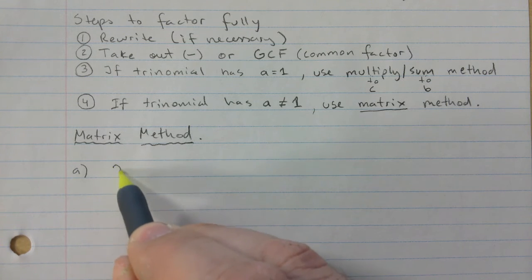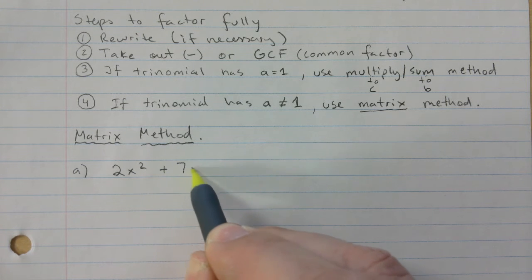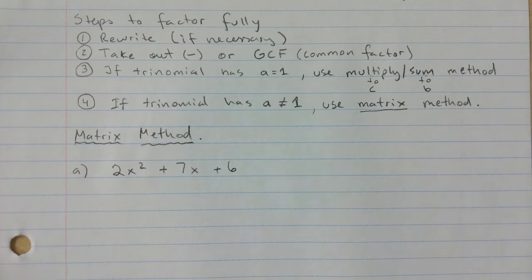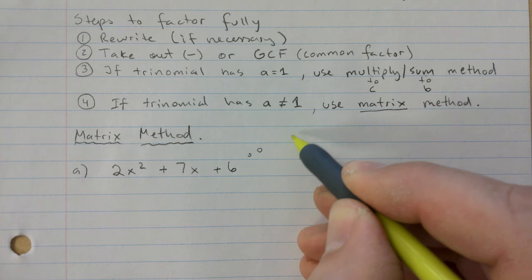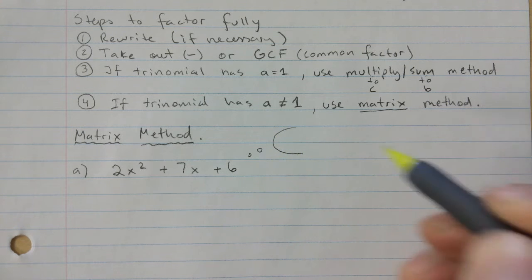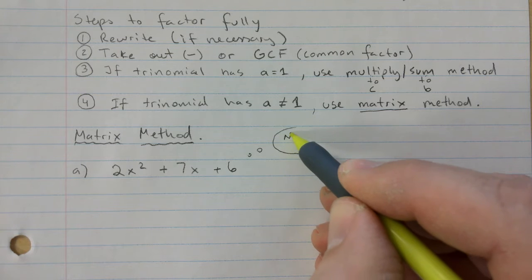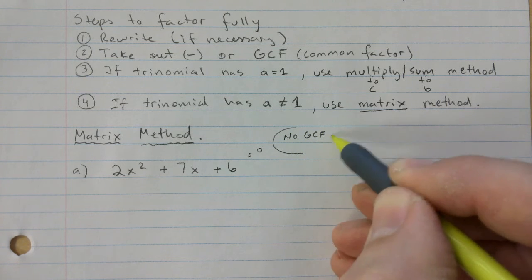So let's say you have 2x squared plus 7x plus 6, right? And you're thinking, there is no GCF to take out.